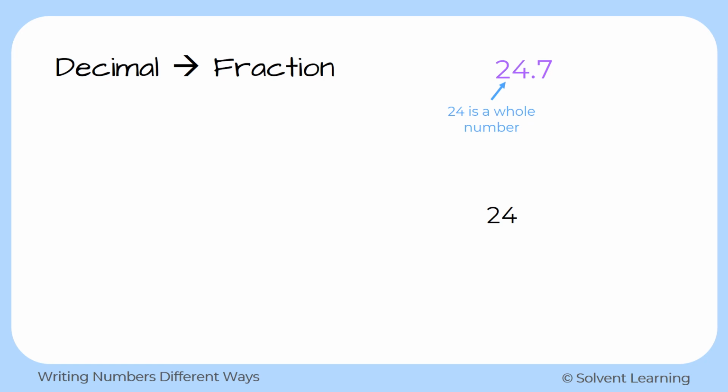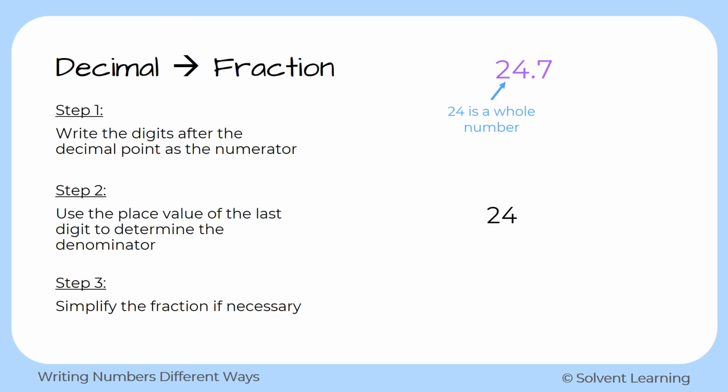Then we're going to look at the 7 that's after the decimal point to set up the fraction part of our mixed fraction. So here are the same 3 steps that we used from our previous example. First, we'll look at the 7 that's after the decimal point, and we're going to make that the numerator of our fraction part. And then we'll look at its place value.